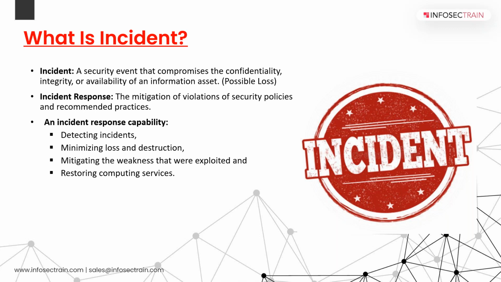In confidentiality, what do we use? Encryption. If it's compromised, confidentiality is lost. For integrity we use hash. Again, it's been compromised. An incident has happened. Loss has happened.